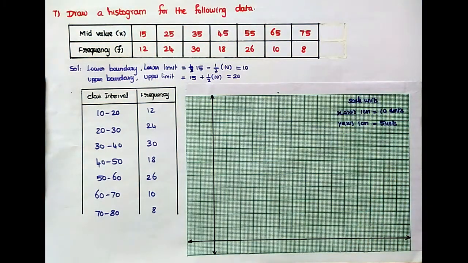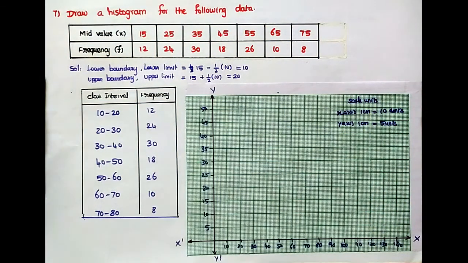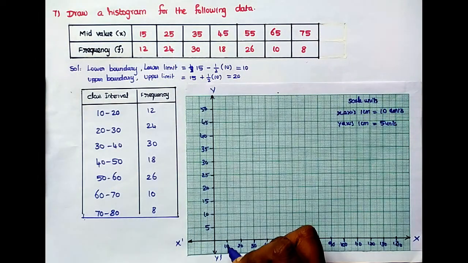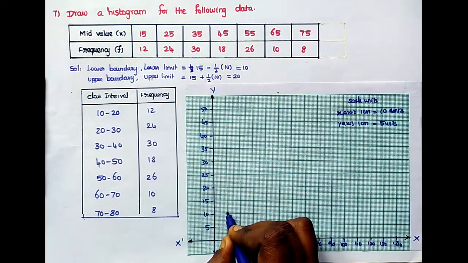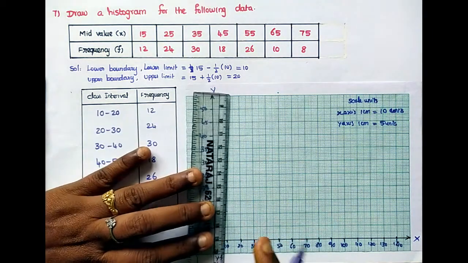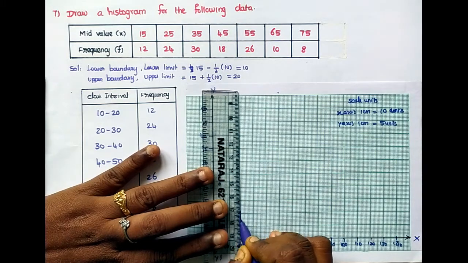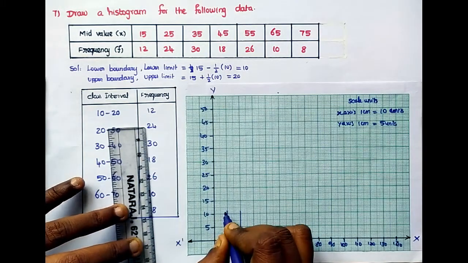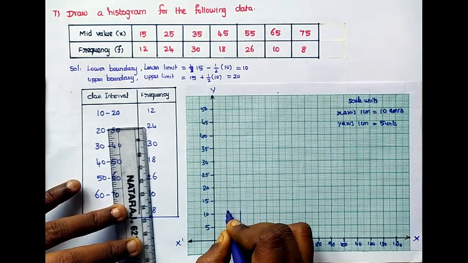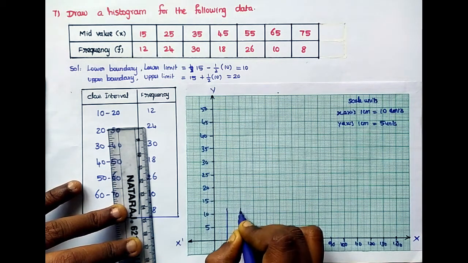Now write down the numbers on the x-axis and y-axis. Now draw the histogram. 10 to 20, 12. Here 12. So 12 means 2 lines past 10 and then 2 lines more, 12.